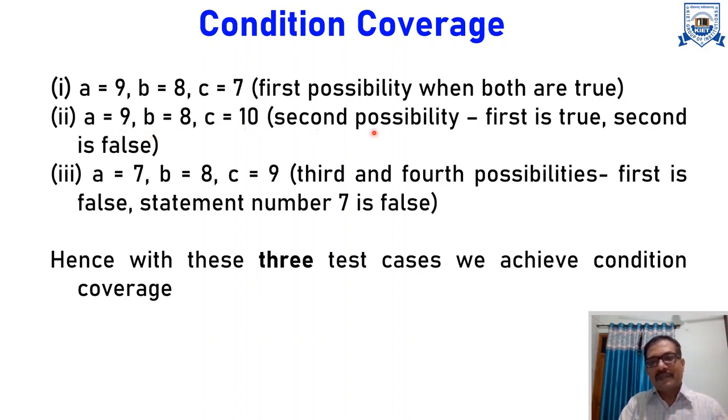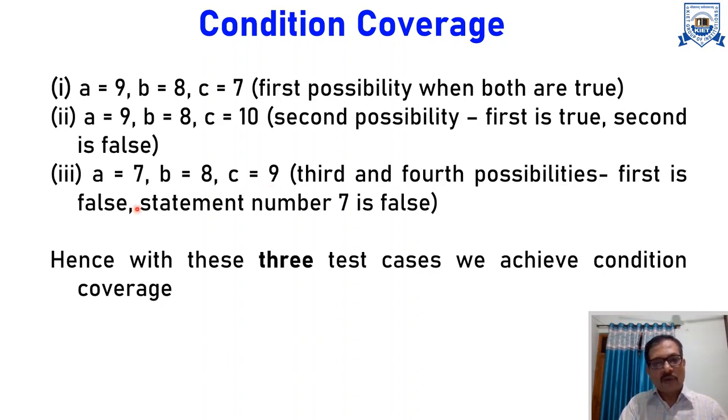the second possibility comes, because the first condition is true, yes, a is greater than b, and the second one is false, that is, a is greater than c is false. And for the third and fourth possibilities, you see, a is greater than b fails with a equals 7, b equals 8 and c equals 9. This is another test case, right?